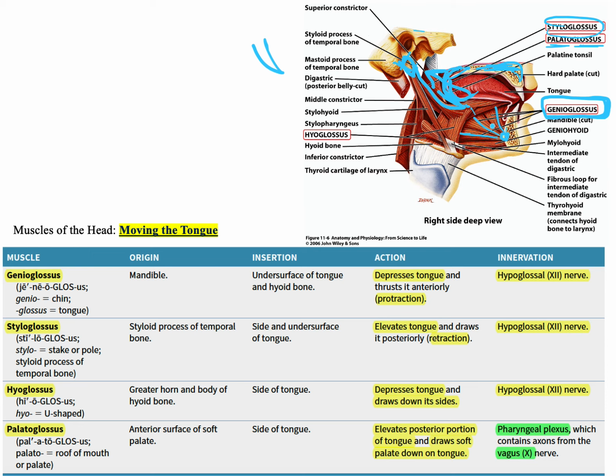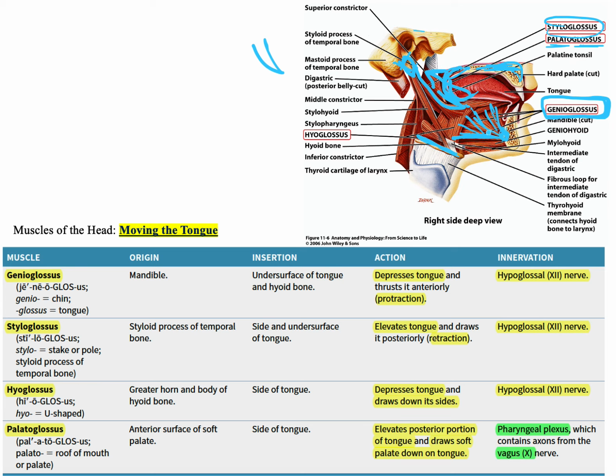So genioglossus originates from here, and from the superior mental spines of the mandibular symphysis, and is inserted into the tongue, and also part of it attaches to the hyoid bone, right? This is the hyoid bone.